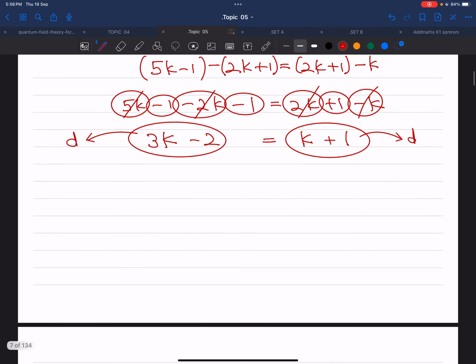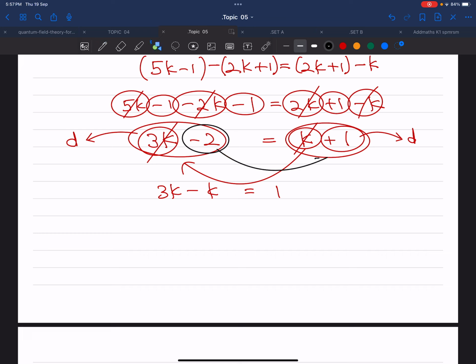Next, we collect. We have 3K and K. Transfer the K to the left hand side, which I will get 3K minus K. On the right hand side, I have 1, and then the negative 2 transferred becomes positive 2.